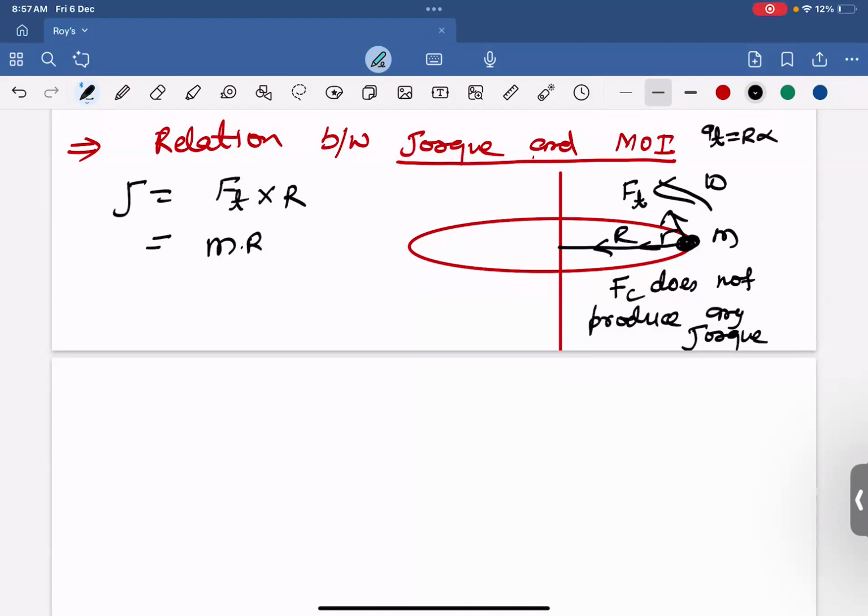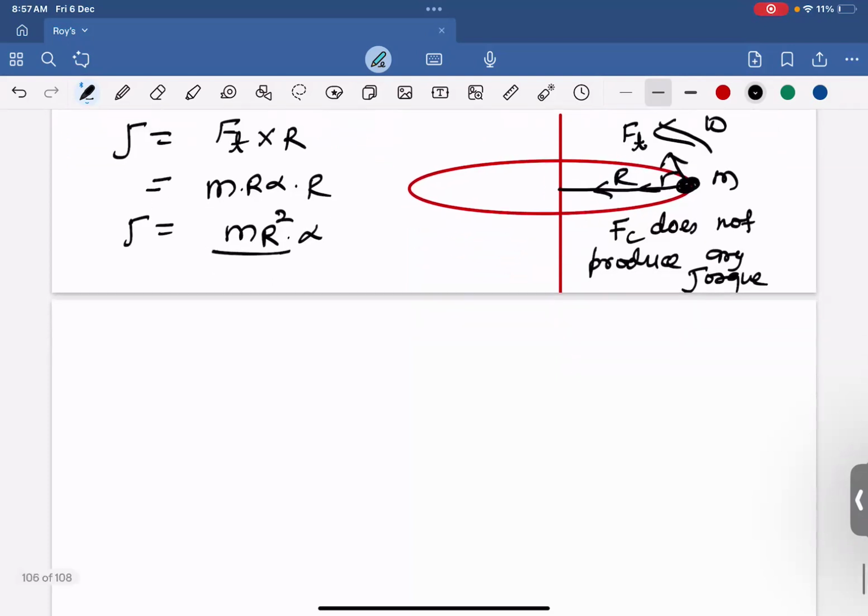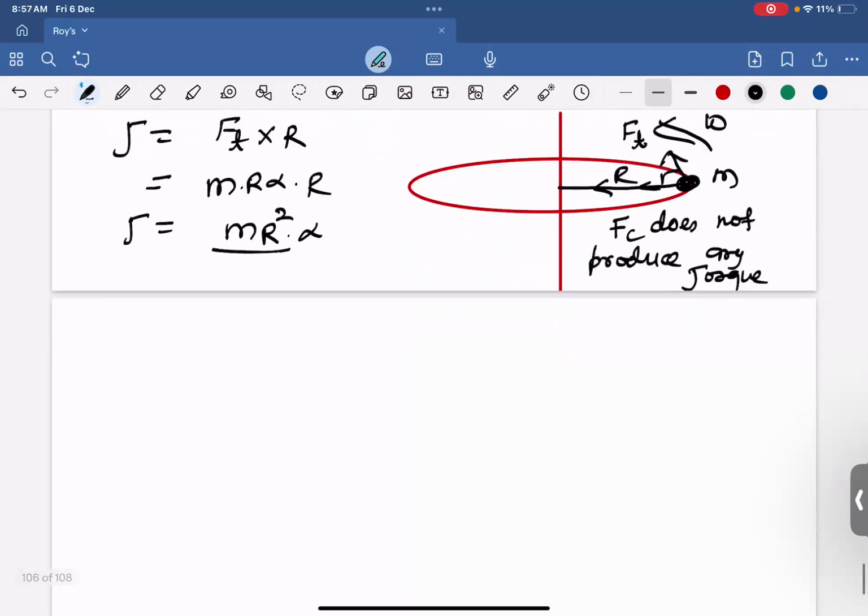So m into R alpha into R. That means torque we are getting as m R square into alpha. Now m R square is moment of inertia. So I can write the formula as torque equals I alpha. That is the relation between torque and moment of inertia.